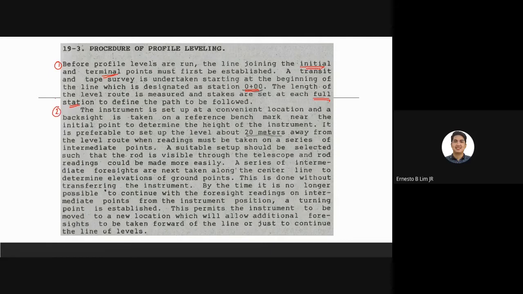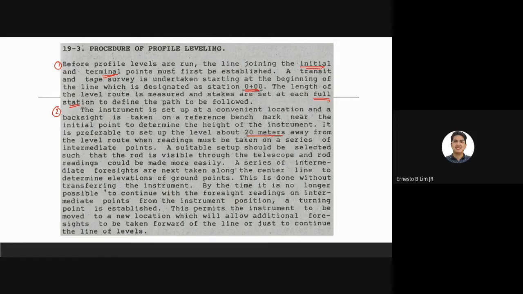Okay, so set up your instrument, then take a backsight on your benchmark, then determine the height of the instrument. It is preferable to set up the level about 20 meters away from the level route when readings must be taken on a series of intermediate points.